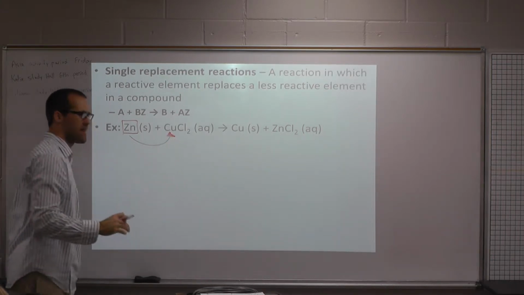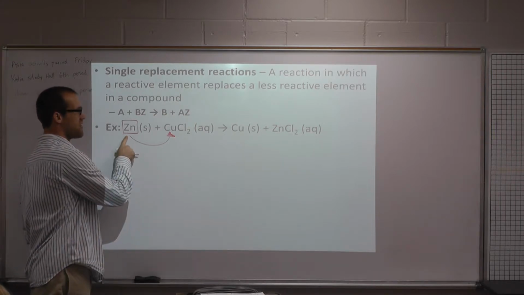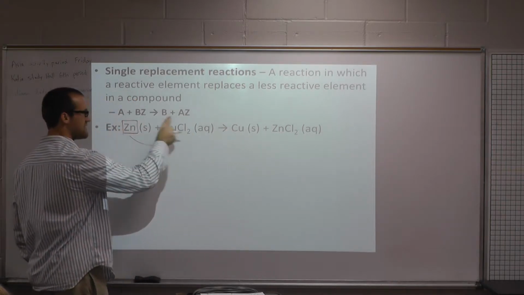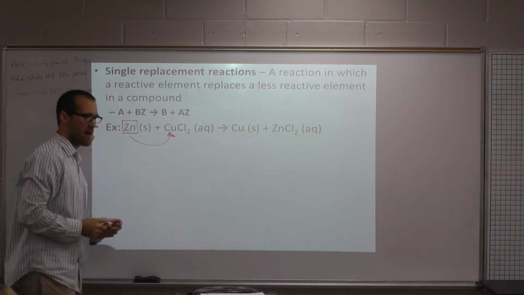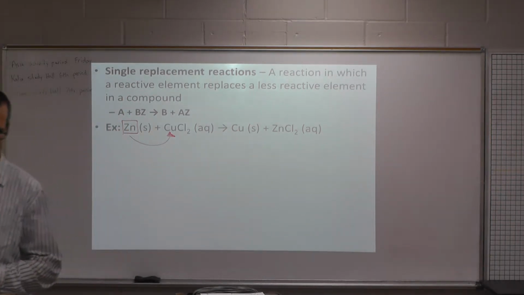The giveaway here that this is single replacement is you have a single guy on both the reactant and the product sides, and the single guy at the beginning replaces the guy that was bonded in the beginning. Okay, everybody see it? Questions?